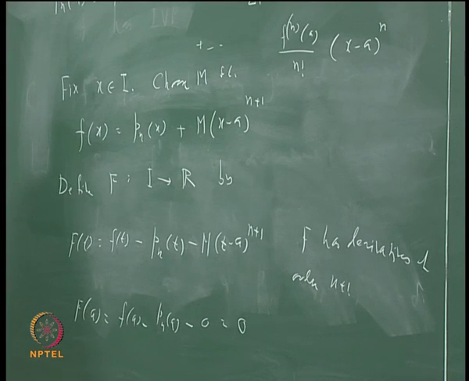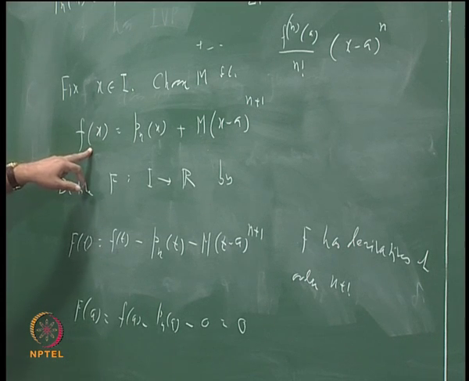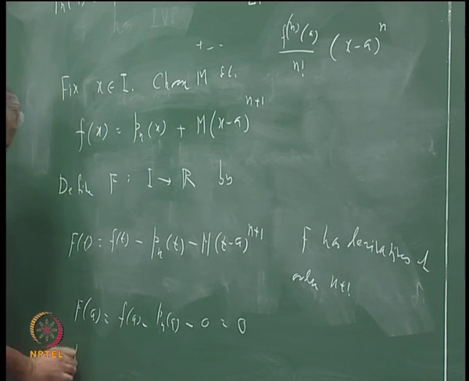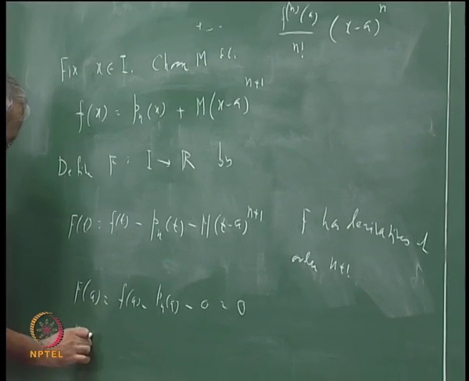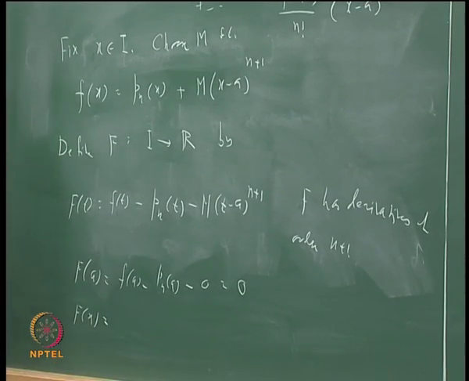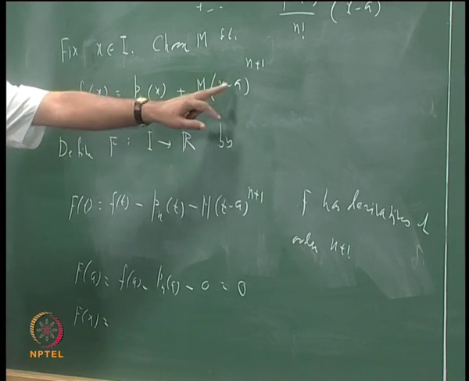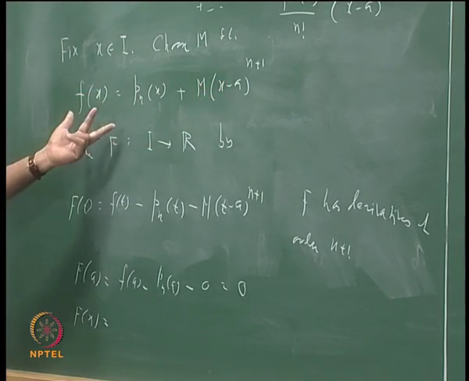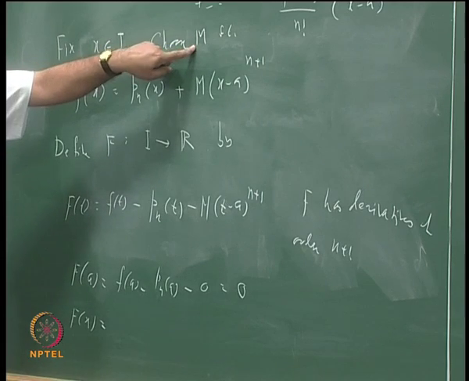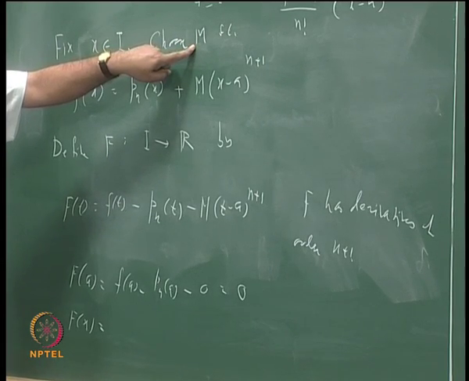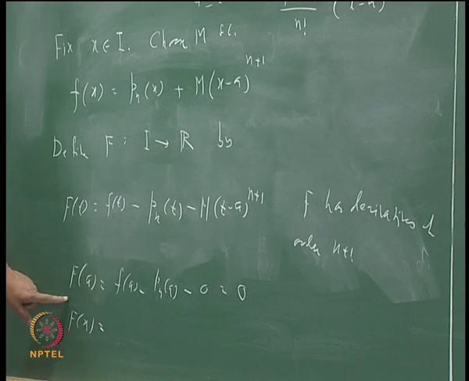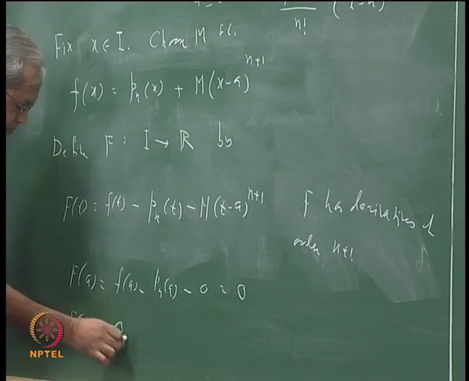What is big F of x? You look at this. Big F at x is f of x minus Pn of x minus m into x minus a to the power n plus 1, that is 0. That is the reason for choosing m in this manner. This choice of m gives big F at x equal to 0.